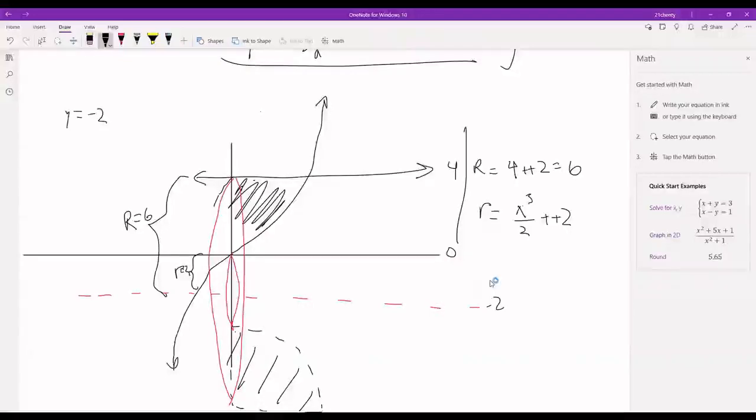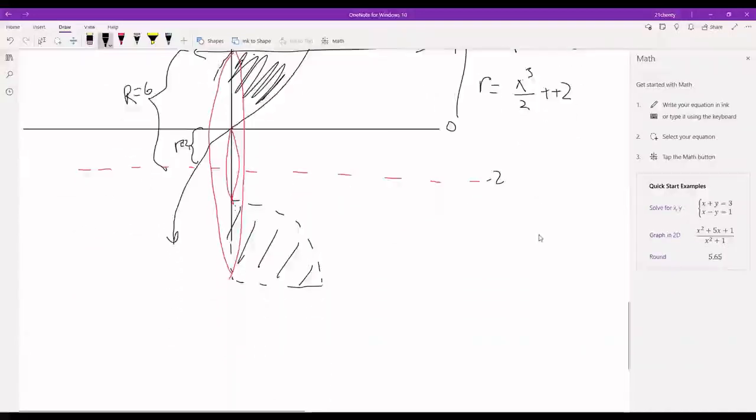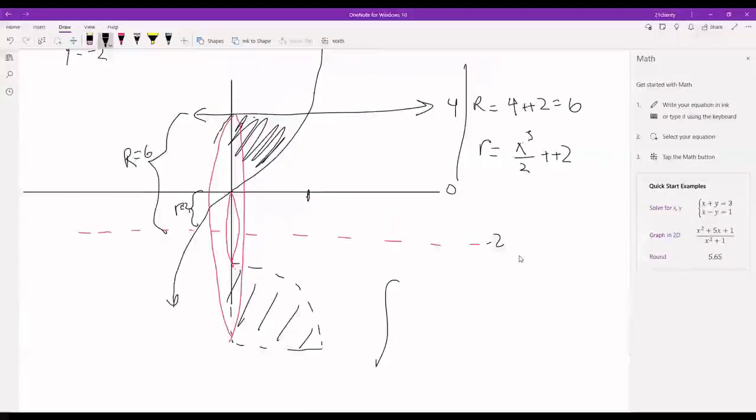So then plug that into our formula. And we're going from 0 to 2, because these functions meet at the point 2, 4.